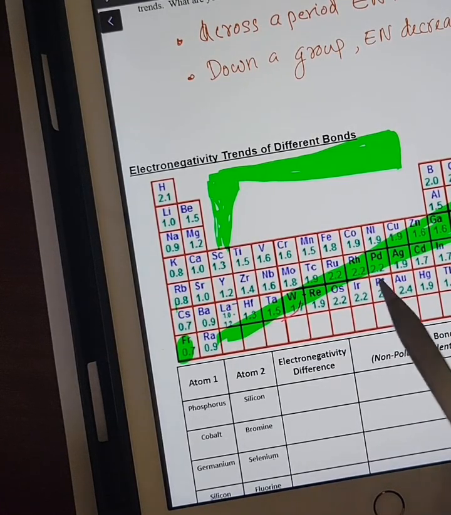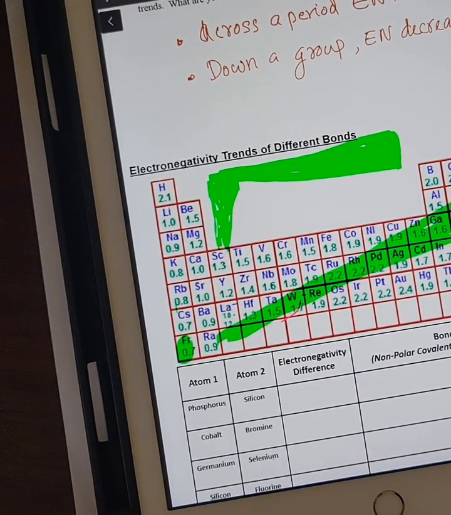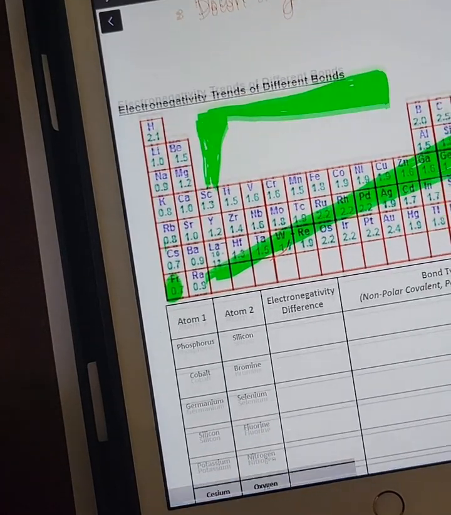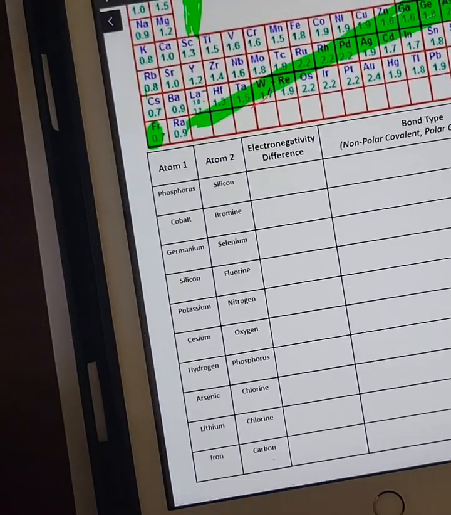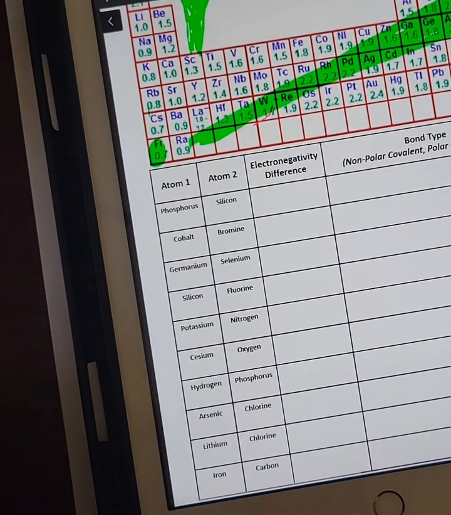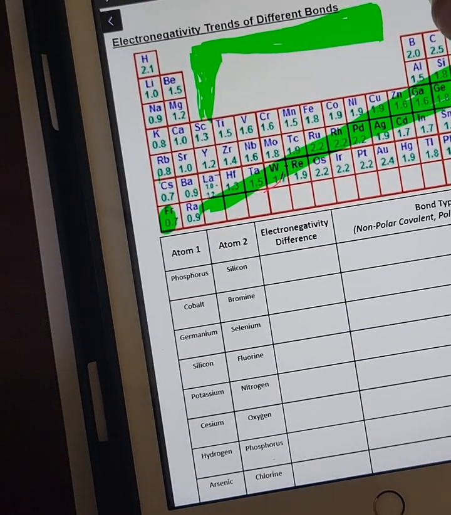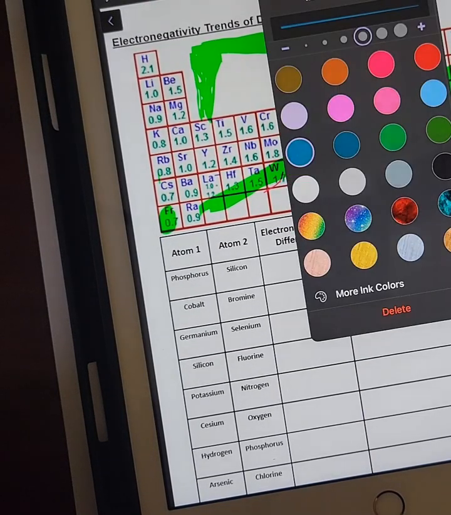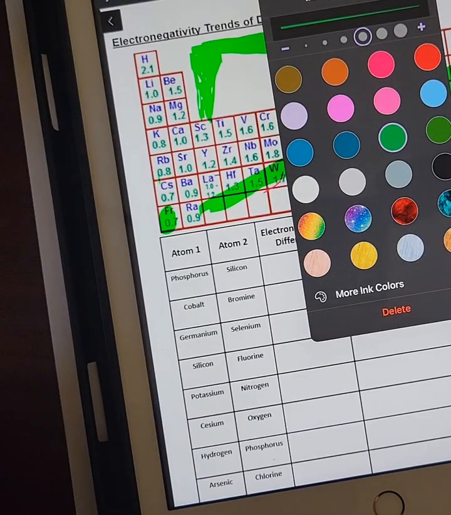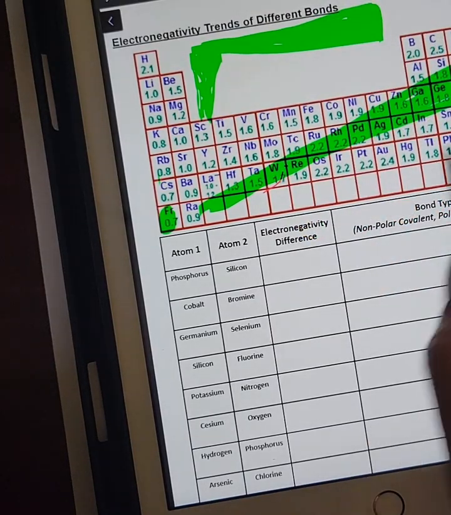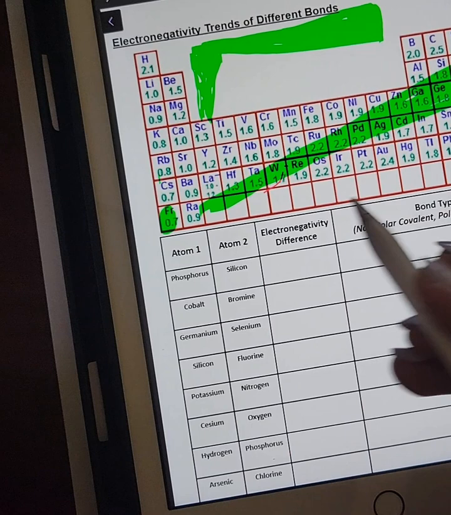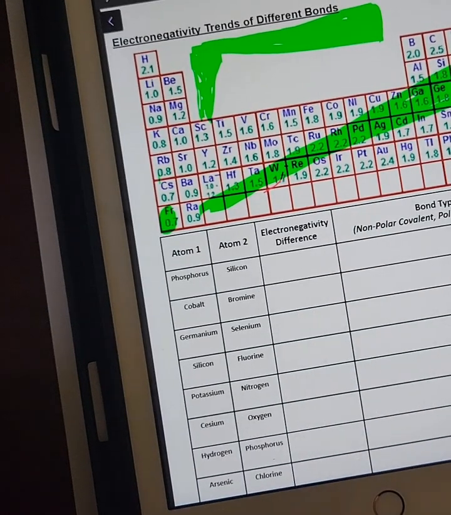So we can easily predict what type of bonds are forming. Now what you are going to do is find these values and decide the bond type. Let's go ahead. I will do one example, and you will do the rest. You can pause the video and do it. So phosphorus, which is here, is 2.1 and silicon is 1.8.